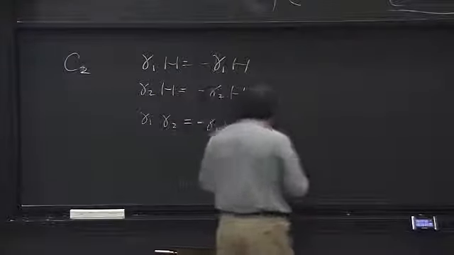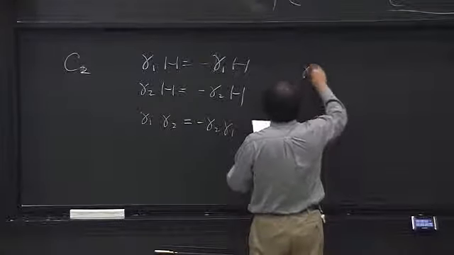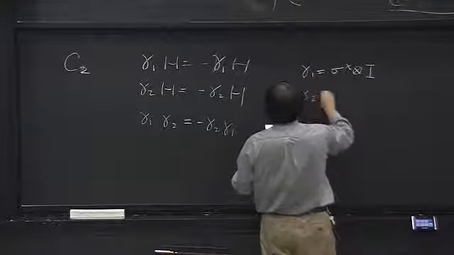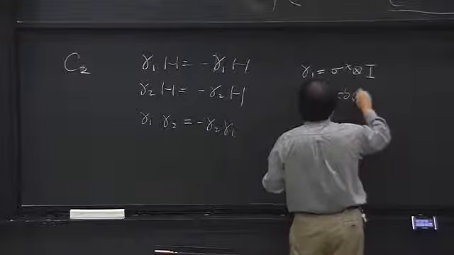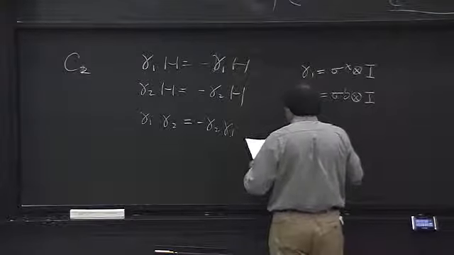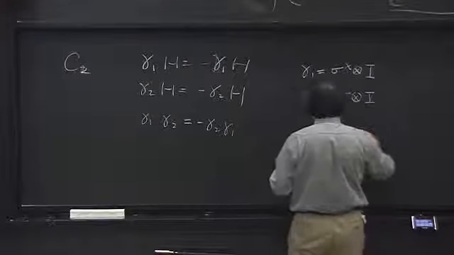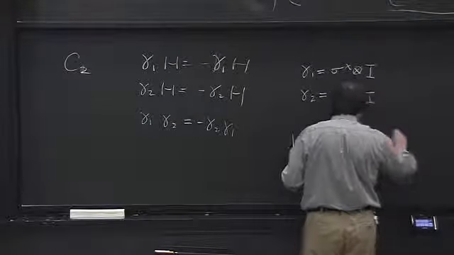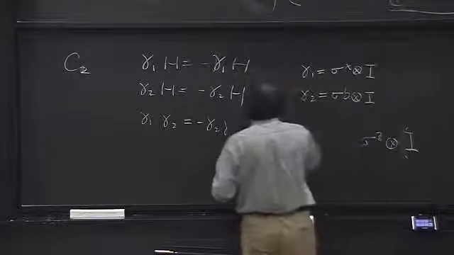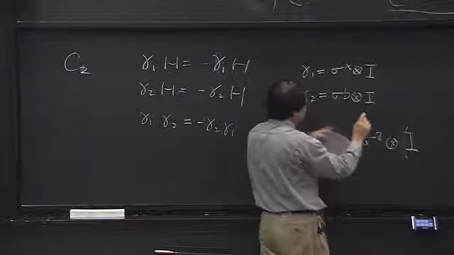Well, we can choose gamma 1 and gamma 2 to be the following. Gamma 1 is sigma x cross I, and gamma 2 is sigma y cross I, and then the H became sigma z cross I. Certainly sigma z anti-commutes with both x and y, and x, y anti-commute with each other, so everything is fine.